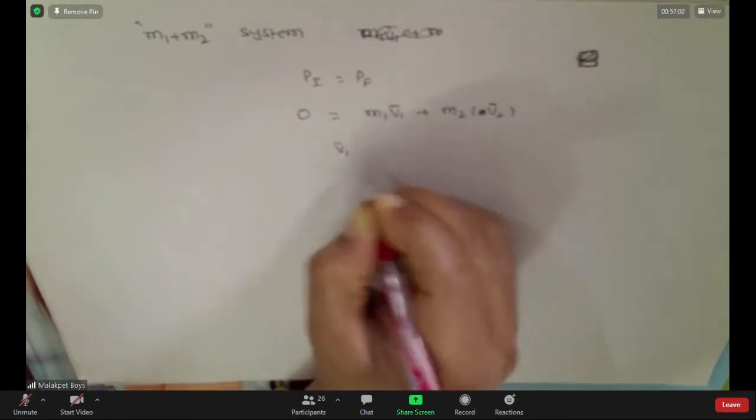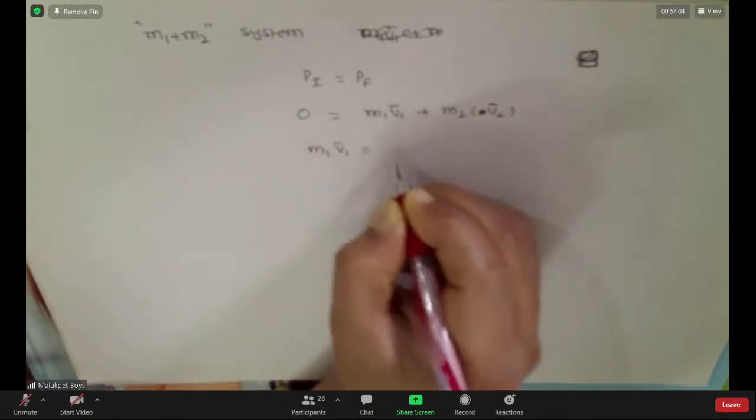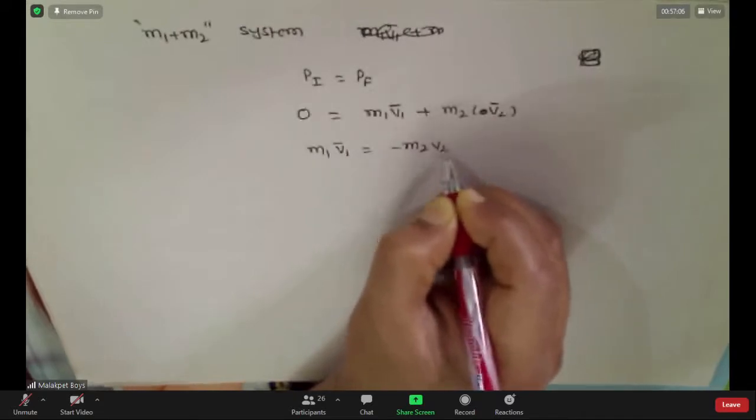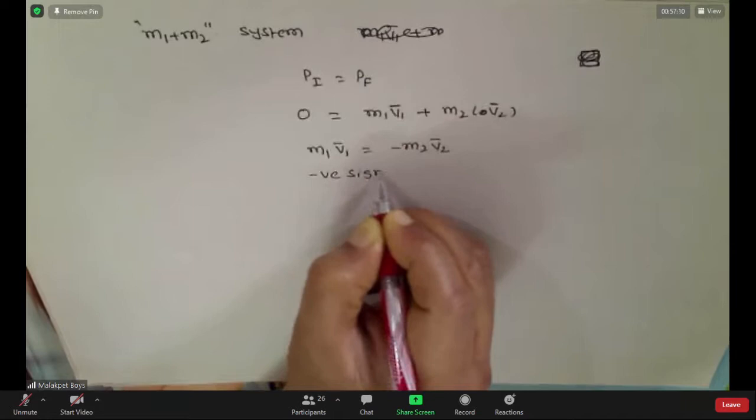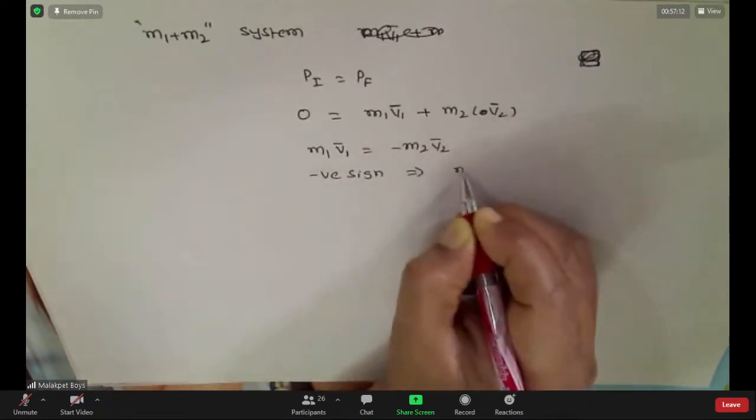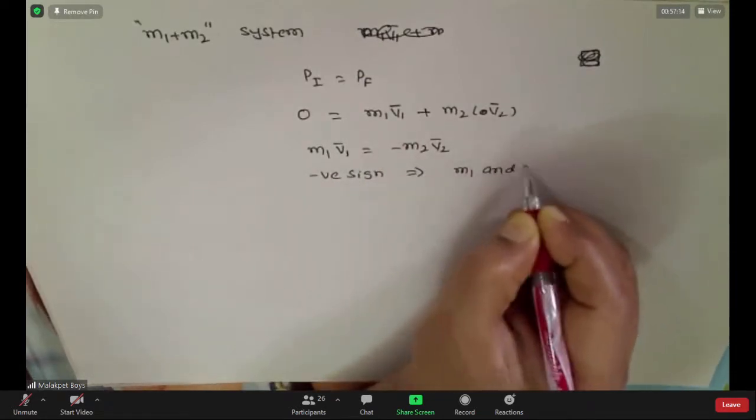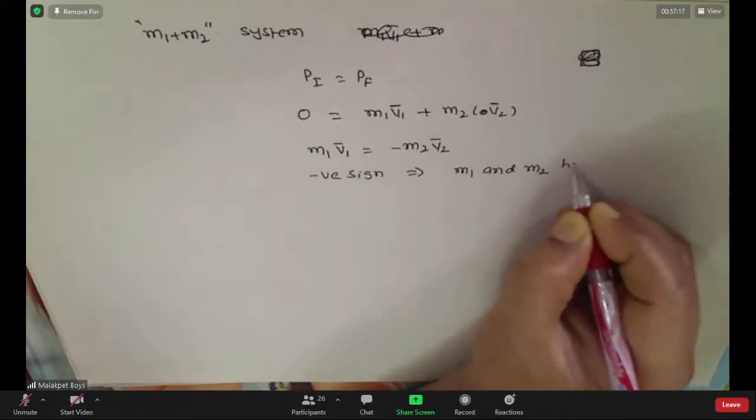So M1 V1 bar minus M2 V2 bar. The negative sign indicates that M1 and M2 move in opposite directions.